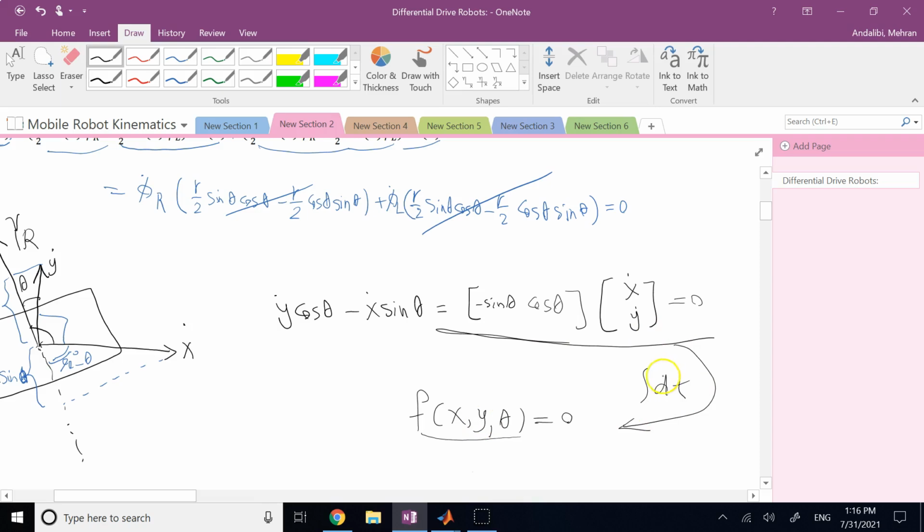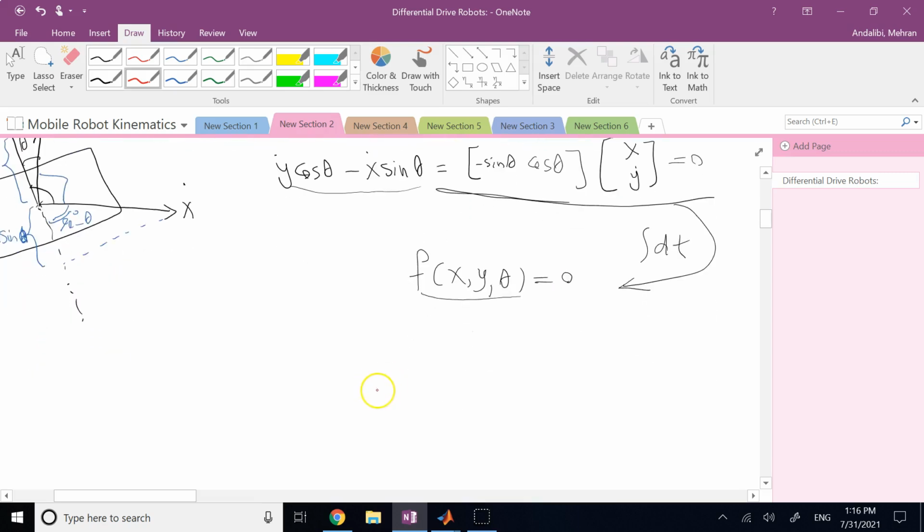If you cannot integrate it with respect to time and write it this way, which in this case you cannot, we call it non-holonomic or non-integrable. Okay, you cannot time integrate that. So you have to leave it as a velocity constraint like this. In general, any velocity constraint that is like A of q times q dot equals 0, where q is the joint variables or the workspace variables, and q dots are the velocities.